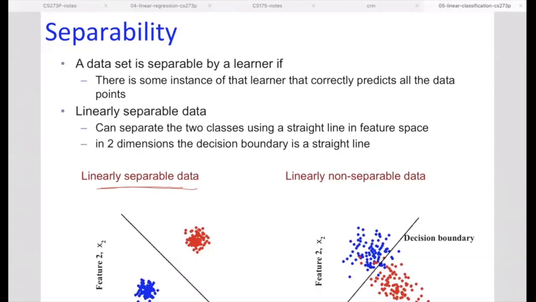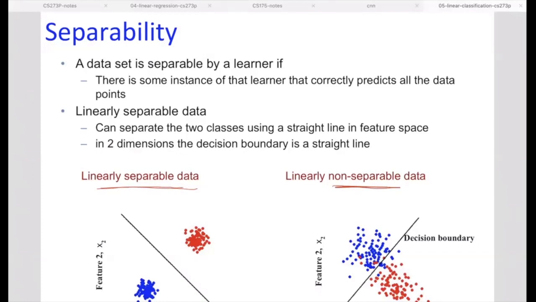In this case, you will not be able to find a line that can completely separate blue from red, which means this type of data set is linearly non-separable. And we use this terminology to refer to whether a data set is linearly separable or not.